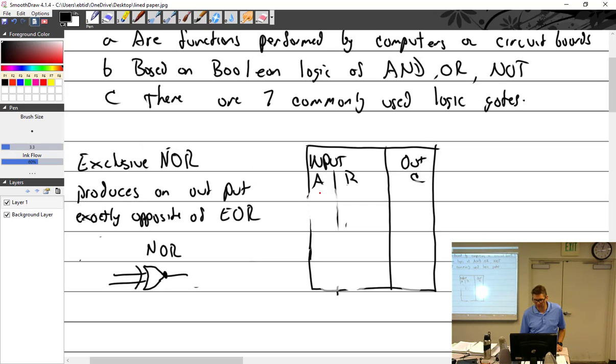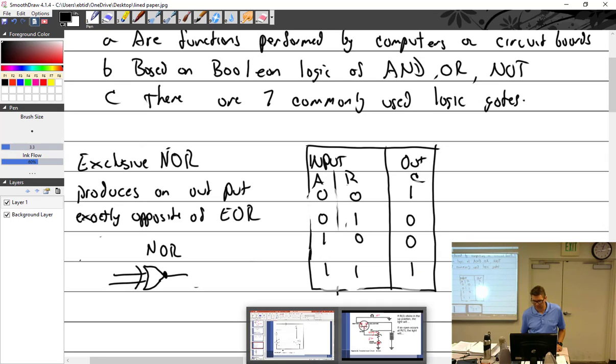So A and B: 0, 0 is 1 because they're similar. 0 and a 1 is different, so no power. A 1 and a 0 is different, so 0. And a 1 and a 1 is the same, so 1. And that's all of them.